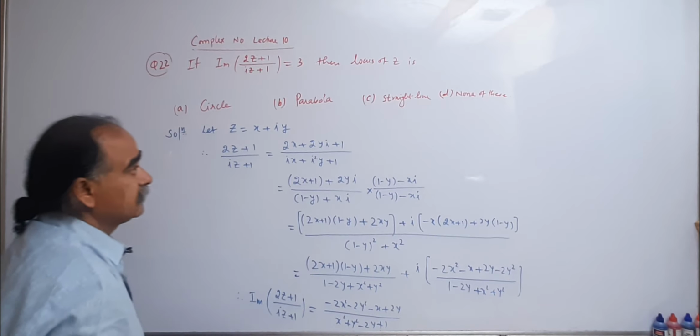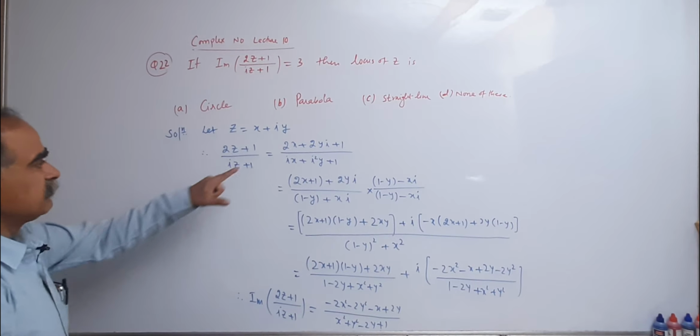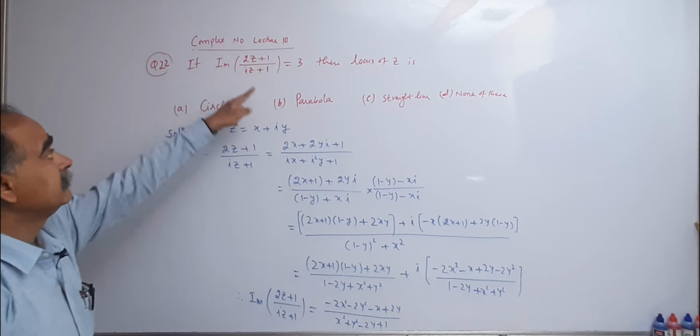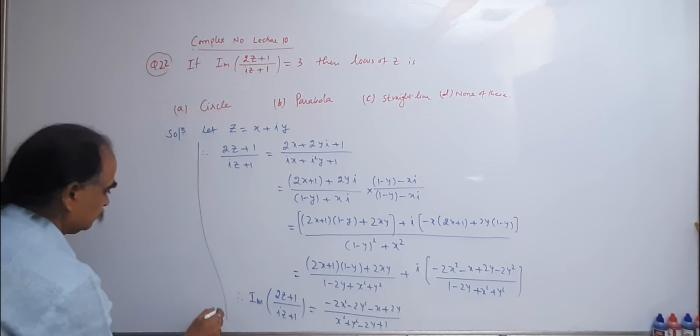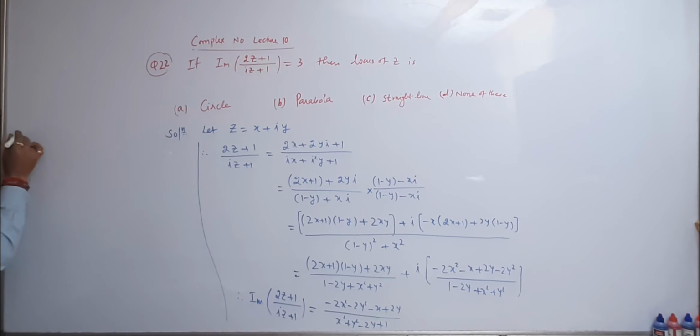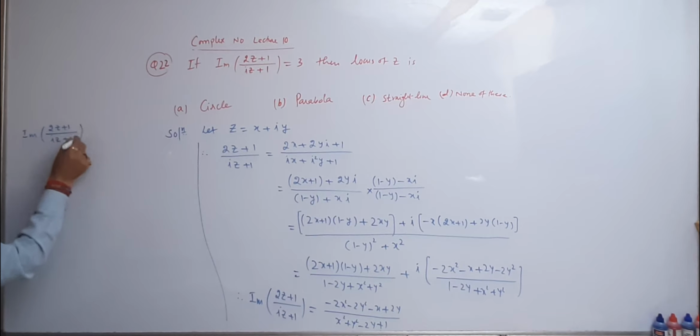This is imaginary part. But imaginary part is given to be what? It is given to be 3. Imaginary part of 2z plus 1 upon iz plus 1 is 3.